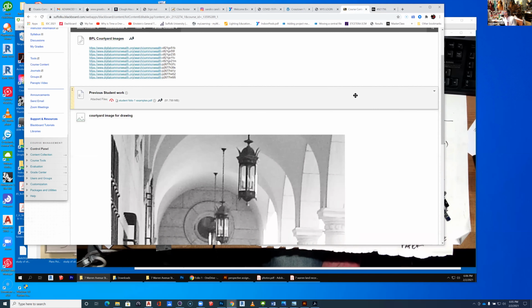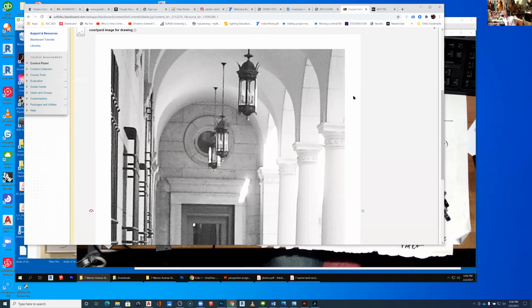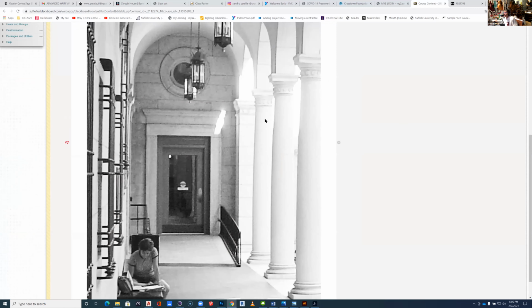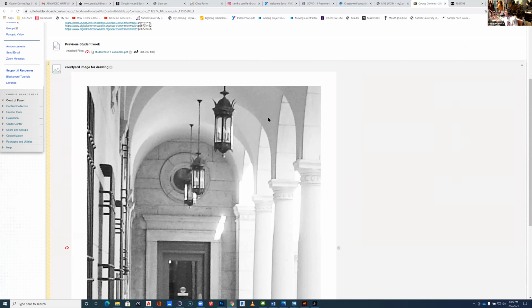It's on Blackboard. It says Courtyard image for drawing. This one just has a few columns. One of the reasons I didn't like it is that it's a little washed out, but that's closer to the image that a lot of the students used in the other drawing. Again, I don't care if you use that one or not. It's funny, I always end up coming back to that picture. This might be best. I think when we start again on Tuesday, we'll probably look at this.